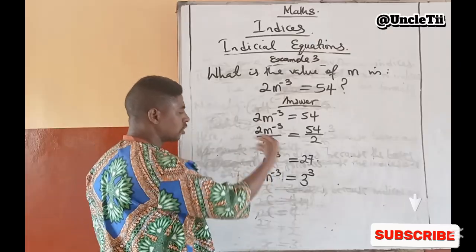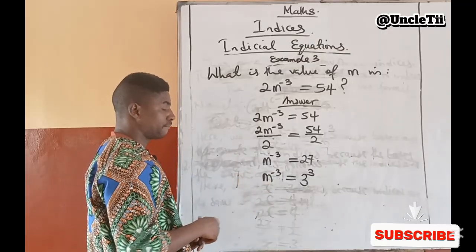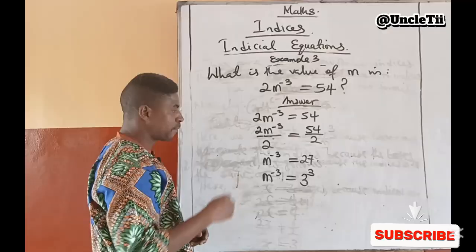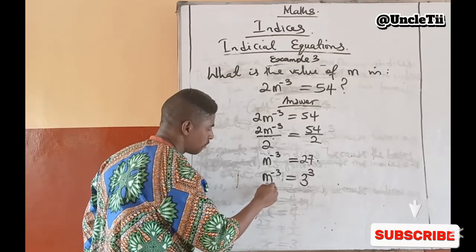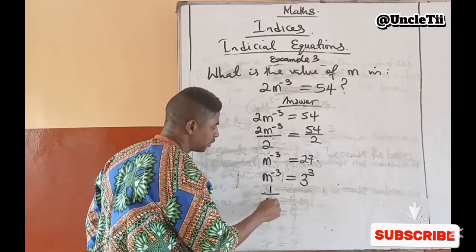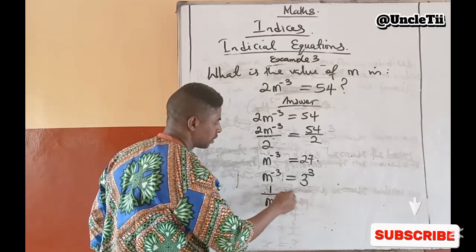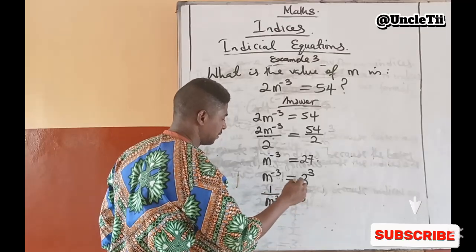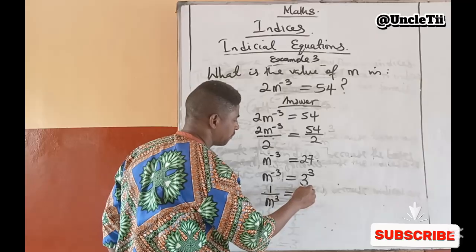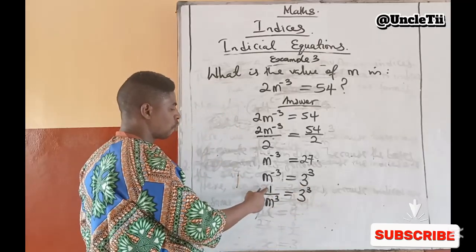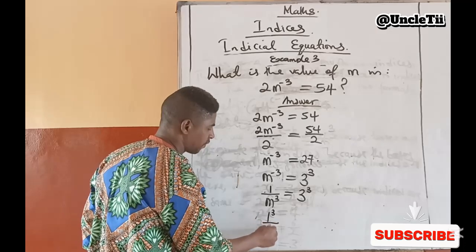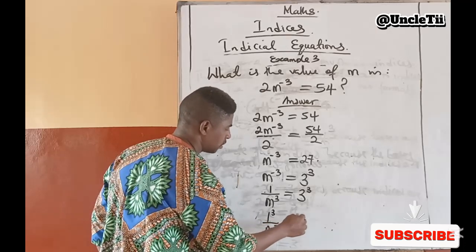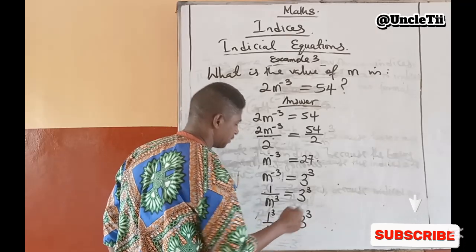Now, let us rewrite m raised to power minus 3 using only positive indices. That will give us 1 over m raised to power 3, and that will equal 3 raised to power 3. 1 is the same as 1 cube over m cube equal to 3 raised to power 3.